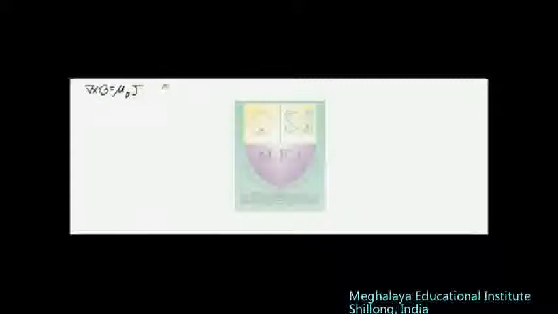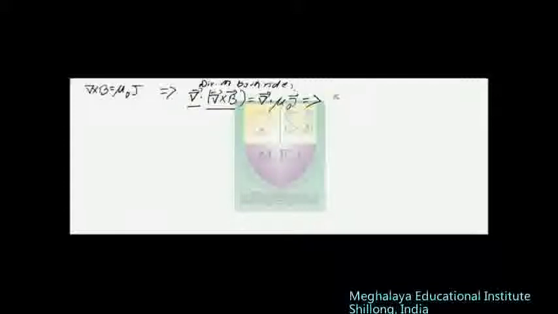If I have del cross B is equal to mu naught J, let me take the divergence on both sides of this equation. That means I take del dot del cross B, which equals del dot mu naught J. But from vectors we know that the divergence of a curl is always 0.